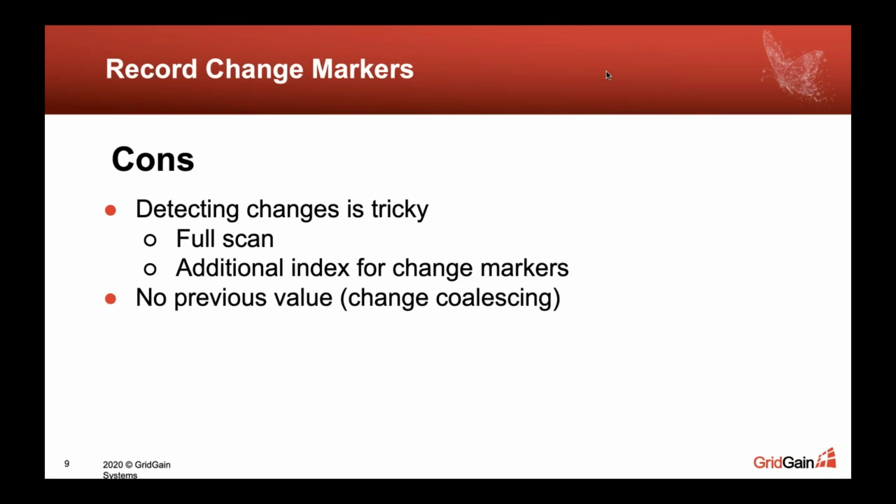The other consequence is when you update the table, you essentially override the previous state. So now when we select the updated records, we only see the new value. The previous value, or the number of changes that you missed since the last scan, is essentially lost.